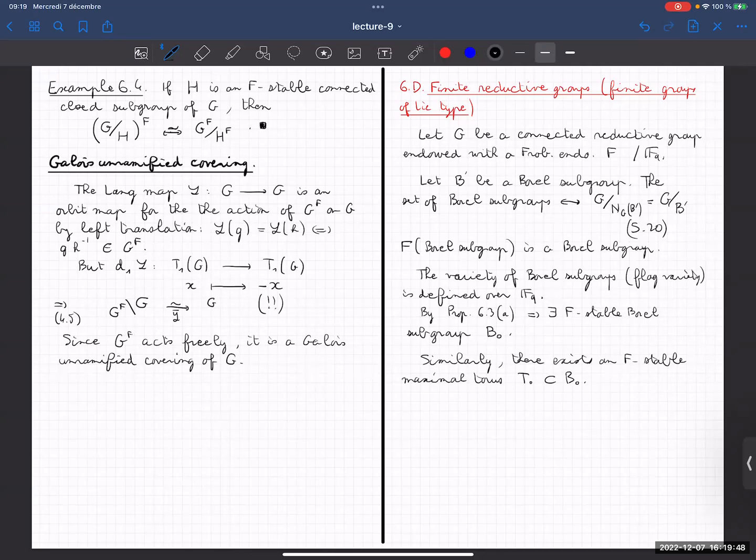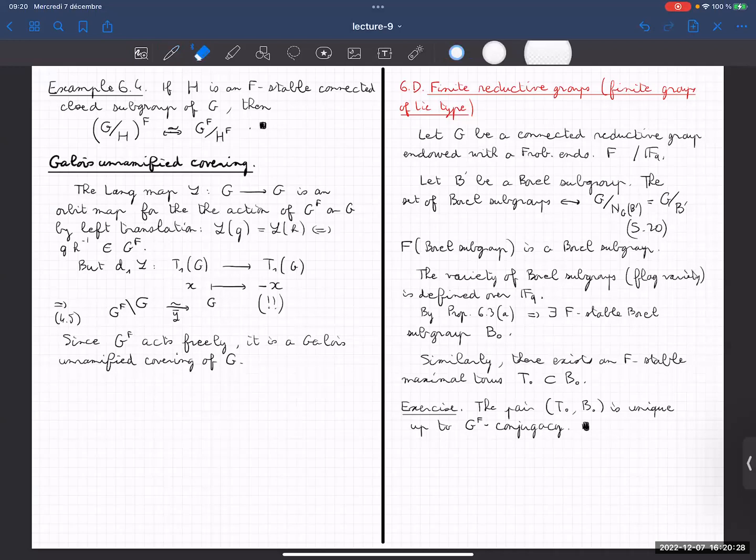In particular, an exercise is that the pair T0, B0 is unique up to conjugacy under the action of G^F. So not only do we have such a pair, but it is essentially unique as long as we are interested in F-stable ones.